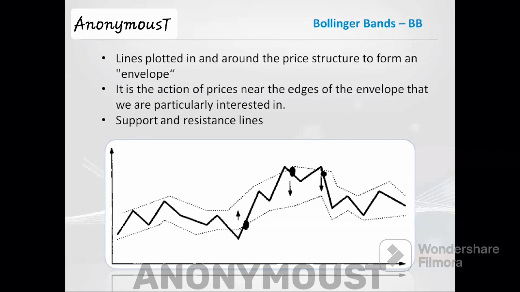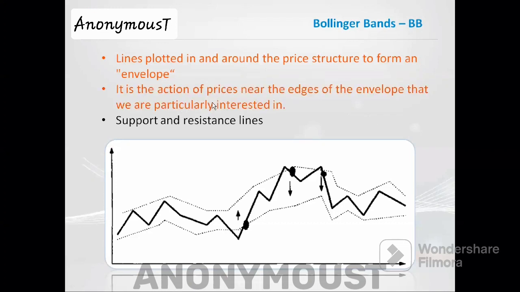Now one of the very interesting things we have is called Bollinger Bands. The lines are plotted in and around the price structure to form an envelope. You see these envelopes, envelope here, envelope here, and envelope here.